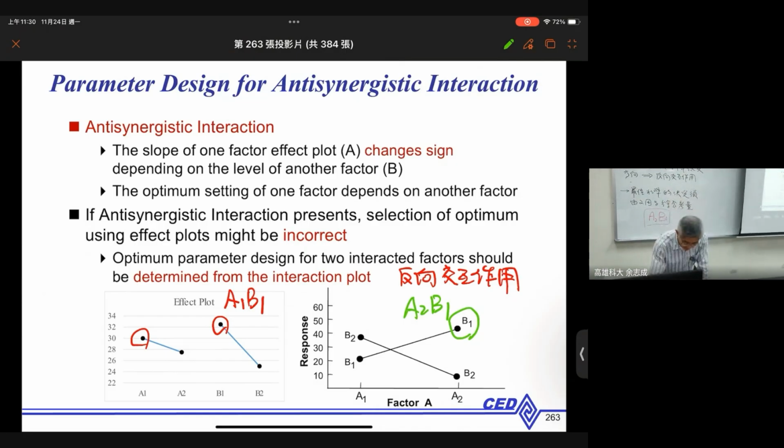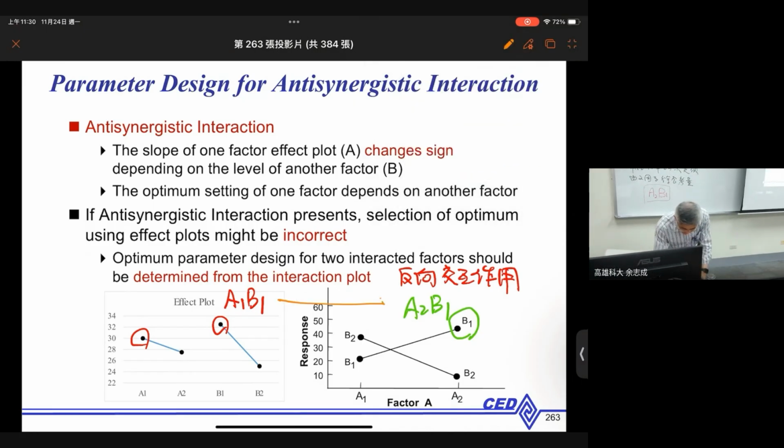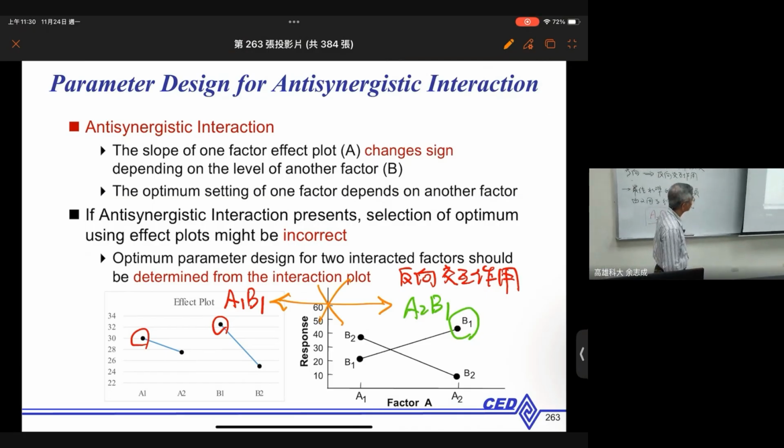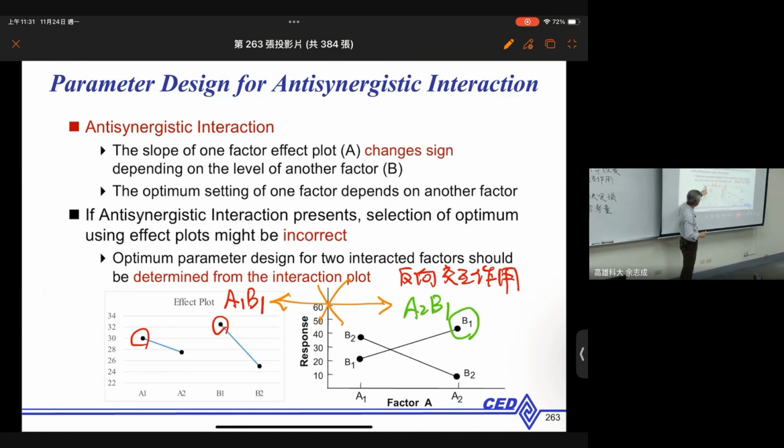And you find out that these two are not the same. See, they are not the same. Which means that if they are anti-synergistic, your prediction of the optimum combination using the effect plot could be incorrect. Okay? Could be incorrect. Any problem?